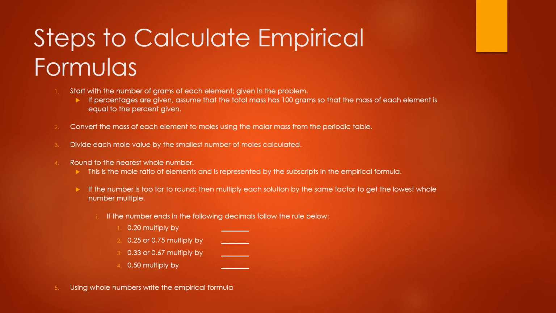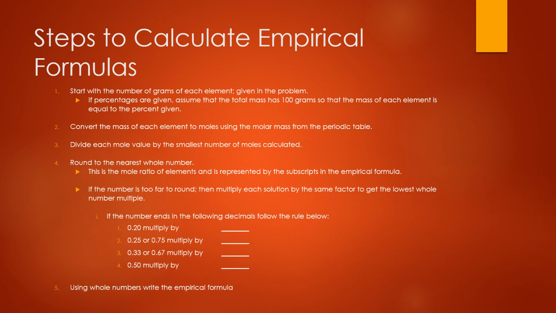Now, hopefully for most of these problems, if there is a decimal, it's only a couple off, where it's easy to round to the nearest whole number. However, sometimes it's too far to round, and you're going to have to multiply by some number to get to the smallest whole number. Looking at the steps below, it says if the number ends in the following decimals, follow the rule below.